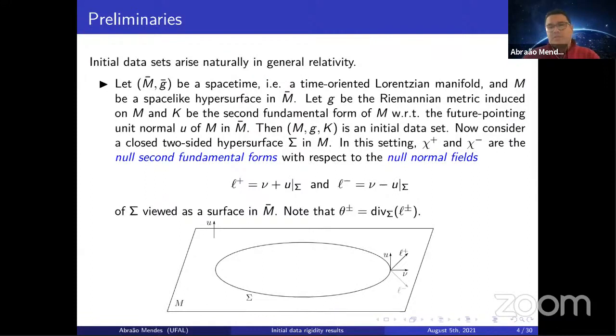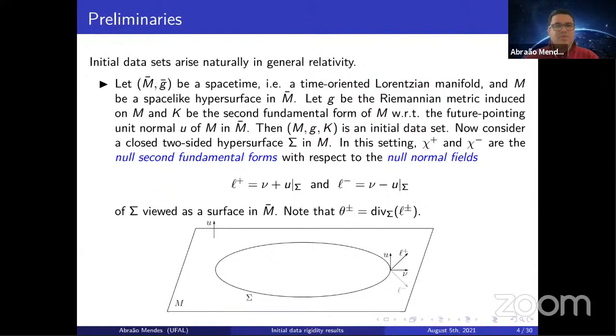Denote by g the Riemannian metric induced on M, and K the second fundamental form of M with respect to the future pointing unit normal u of M in the space-time M bar. Then (M, g, K) is an initial data set. In fact, we can prove that, for example, if M is compact, that's always the case. So we can always assume that the initial data set is embedded in this way in a space-time.